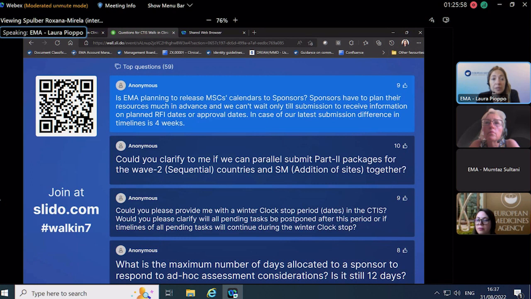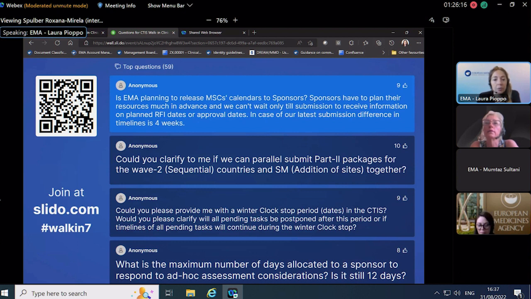We also use the member states calendars for the Part 2 assessment. In terms of sharing this with the sponsors, I don't think we have discussed so far, but on the other side, this information is really to see when there are holidays in the various member states.